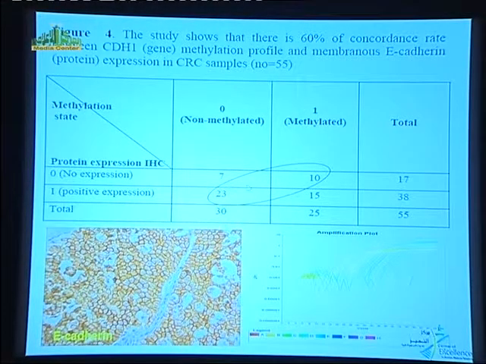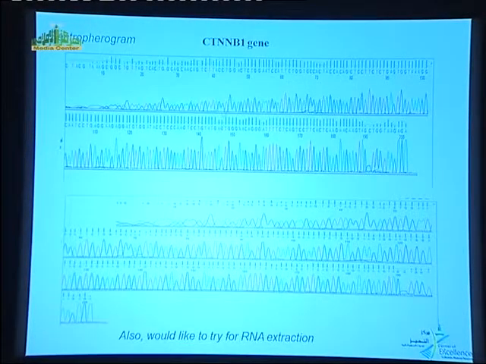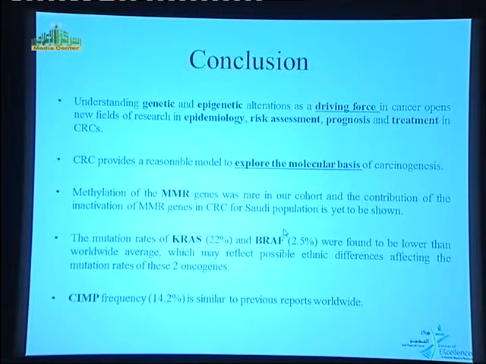This is epigenetic, and we also tested the DNA integrity for the beta-catenin CTNNB1 gene, and this is the electropherogram. It seems that it's okay, and in the future we would also like to see if we can extract RNA from those already stained cells for further molecular studies.